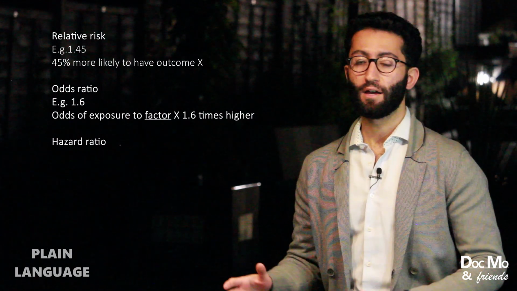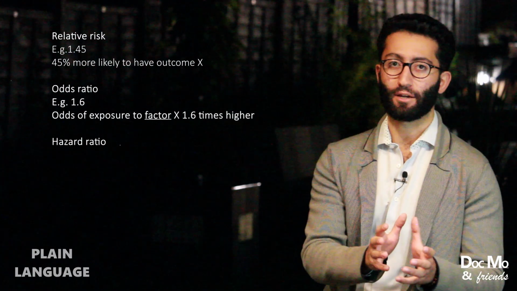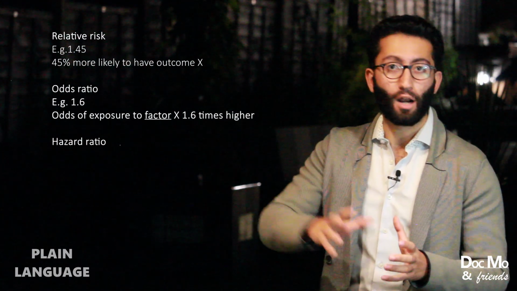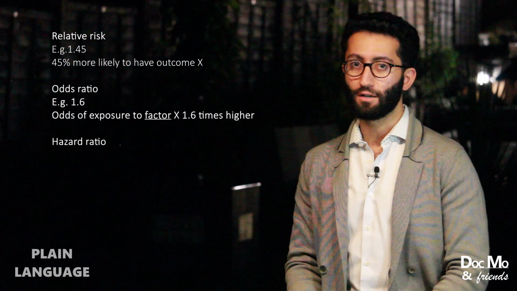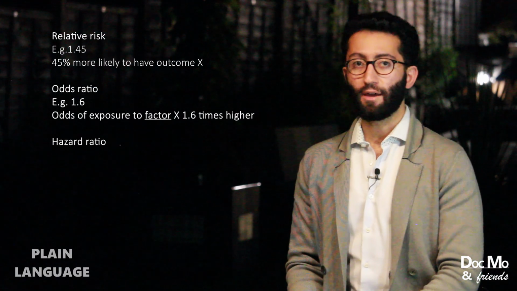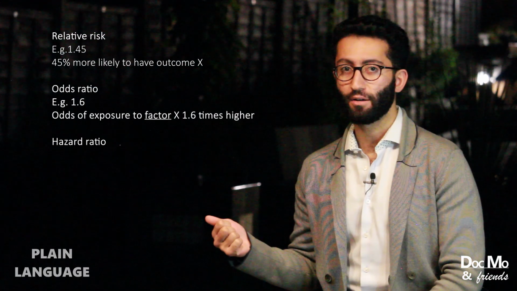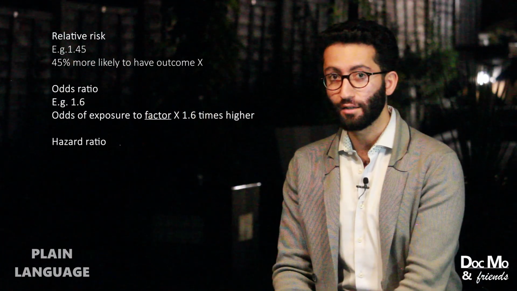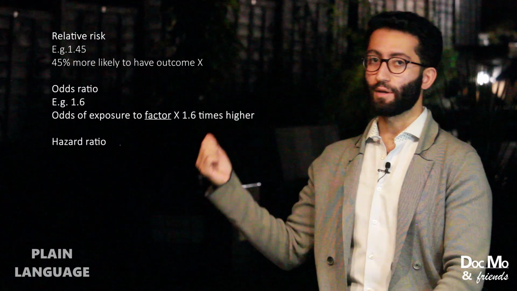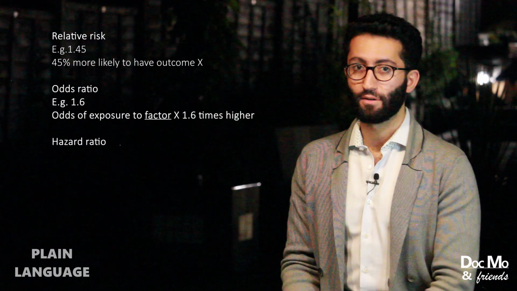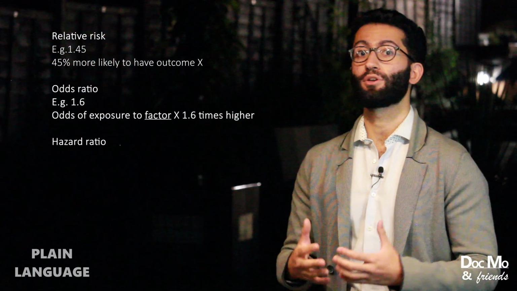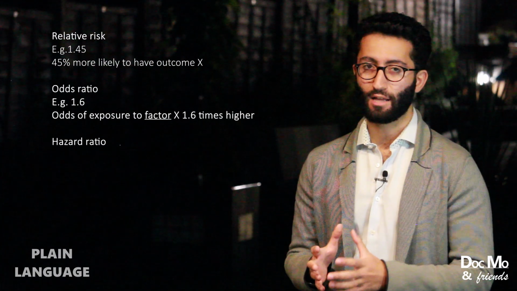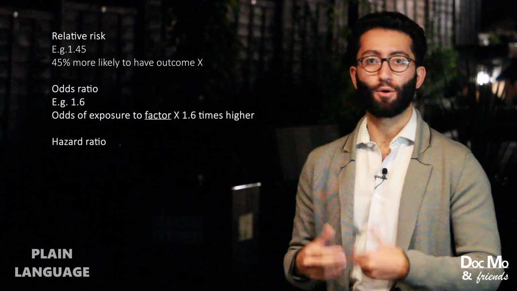I did not say that those who had been chewing tobacco were 1.6 times more likely to have developed oral cancer. What I said was that the odds of chewing tobacco in the group who had oral cancer was 1.6 times higher than the odds of chewing tobacco in those who didn't have oral cancer. So make sure you use the word odds in this circumstance and not probability or risk.